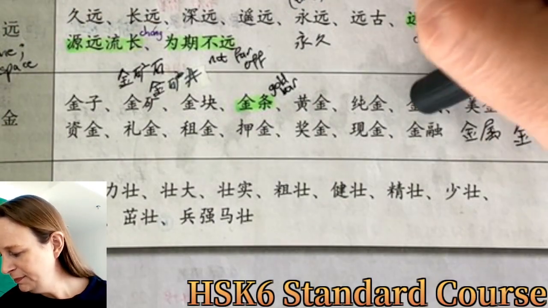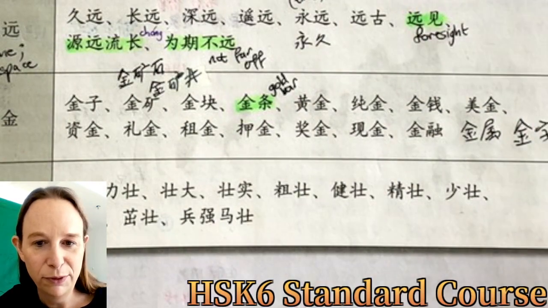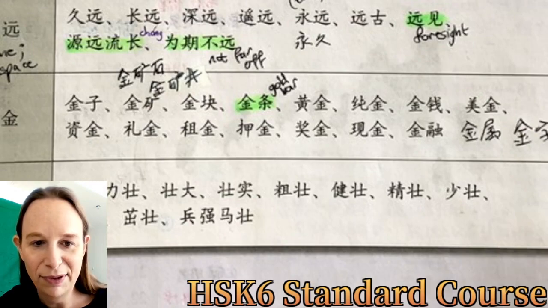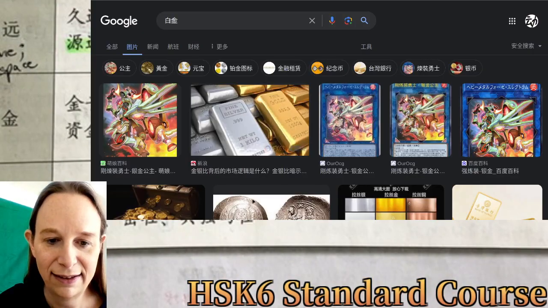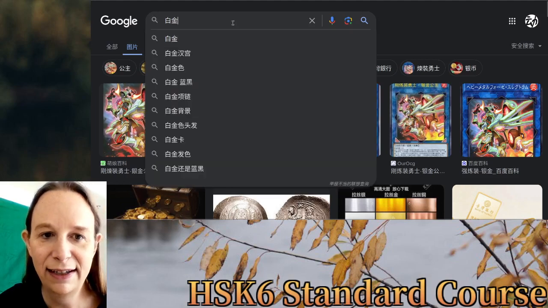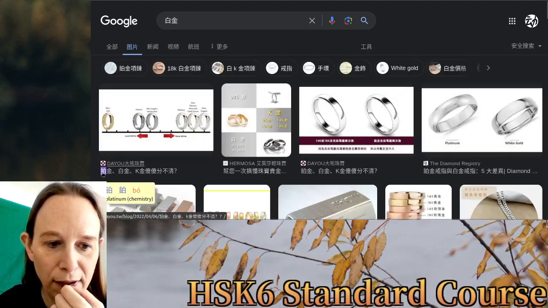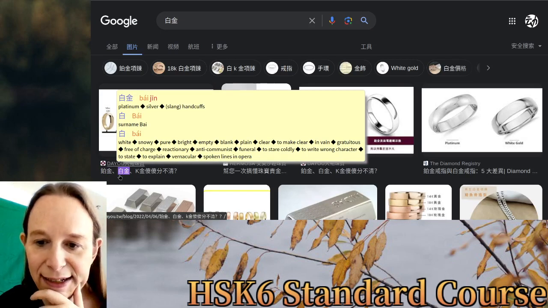Okay. 金钱, okay. 美金, beautiful gold. I don't know what that means. 资金, 资金 is capital, right? All right. So did we figure out, is 白金 a thing? 铂金, 白金. 白金, word for platinum.